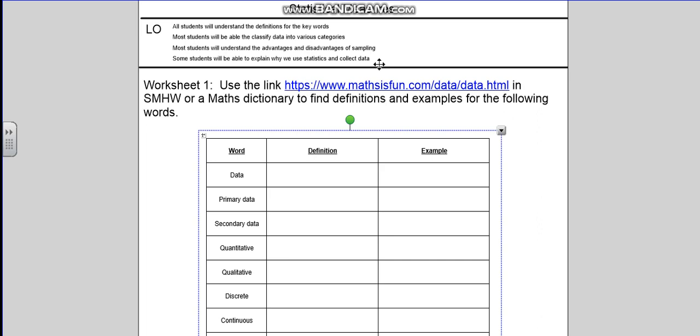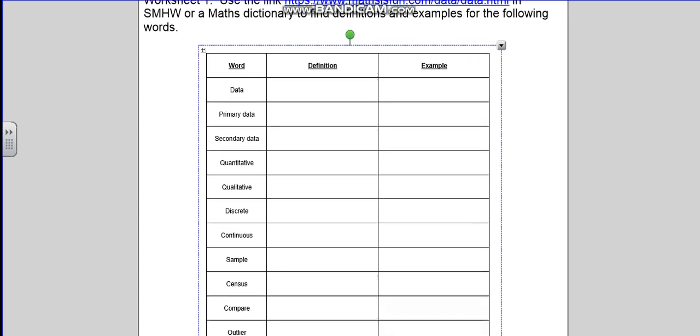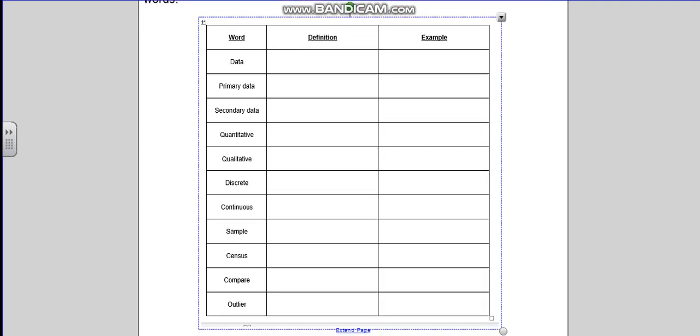So first thing we're going to do is you need to copy down this set of words here, which I will just scroll down here. Okay, so if you could copy that table into your book. So you've got a list of words here that we're going to be using. We're going to look for their definitions and we're going to try and find examples of them.